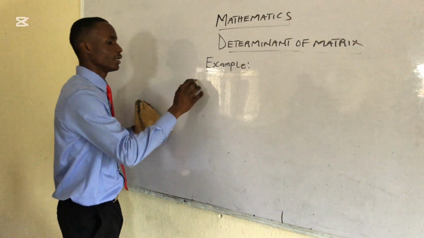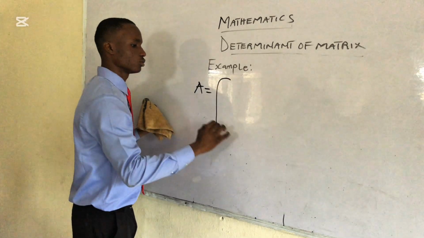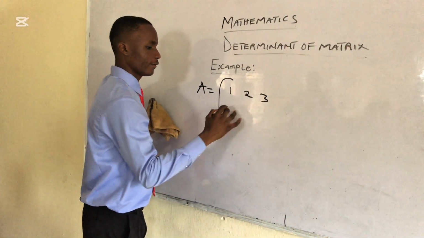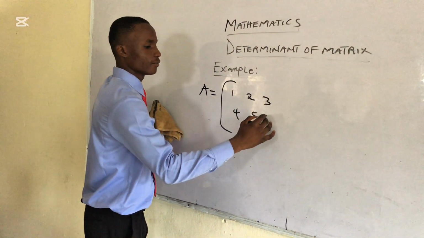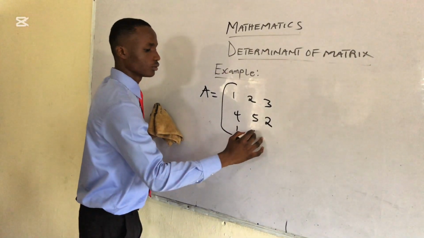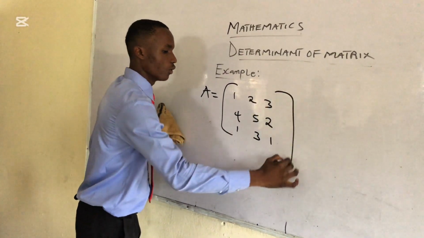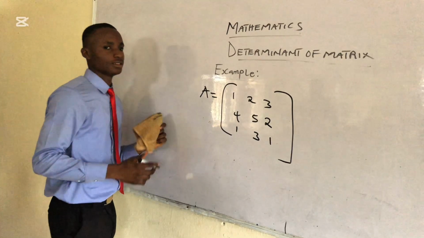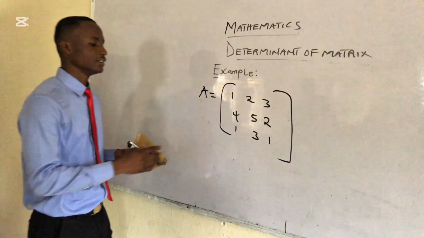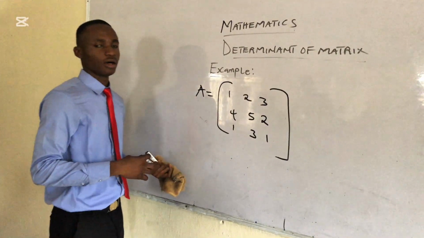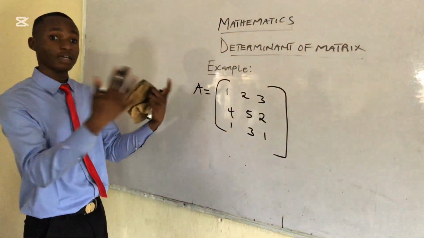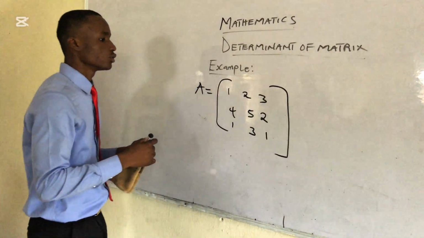So let's use A equal to 1, 2, 3, 4, 5, 2, 1, 3, 1. So we are going to be finding the determinant of A. Sorry. So let's go.